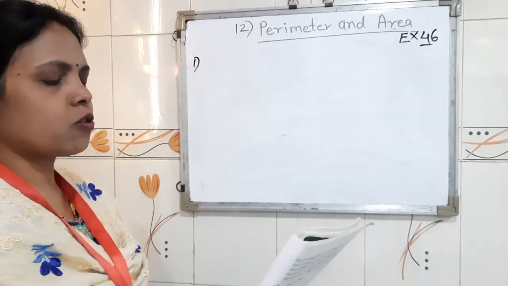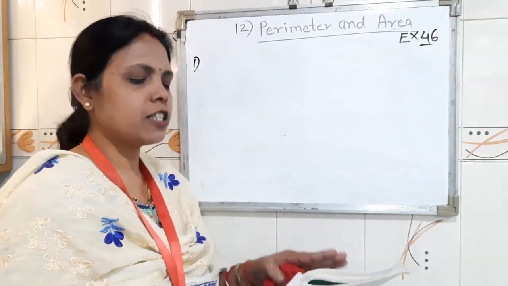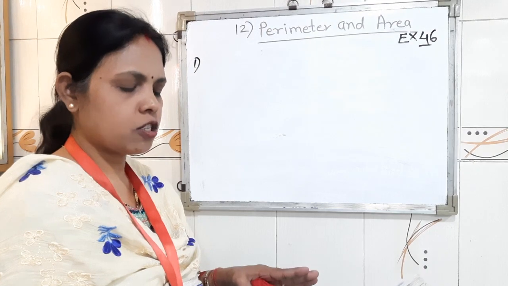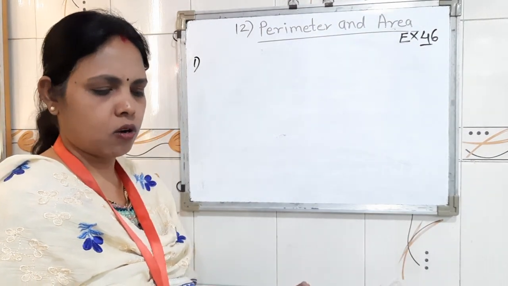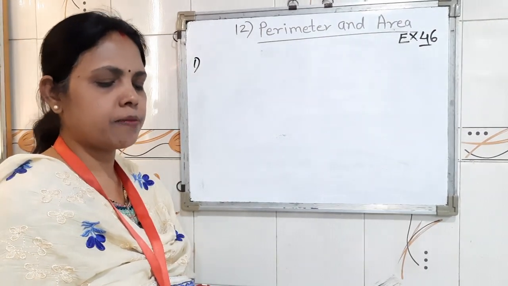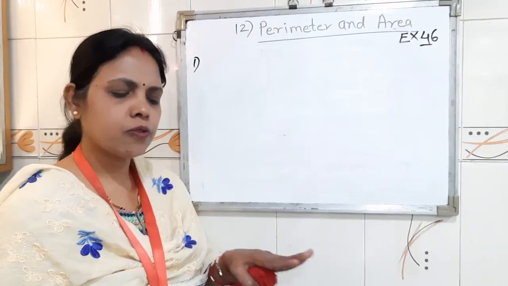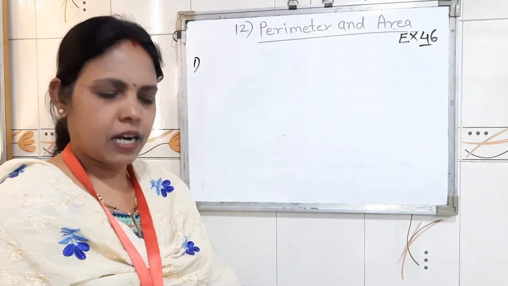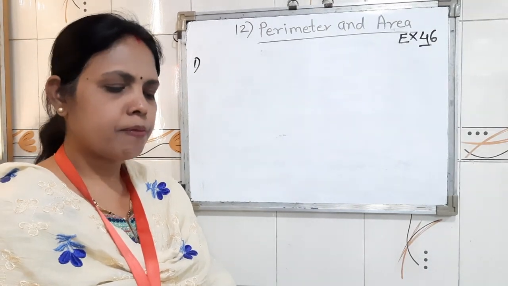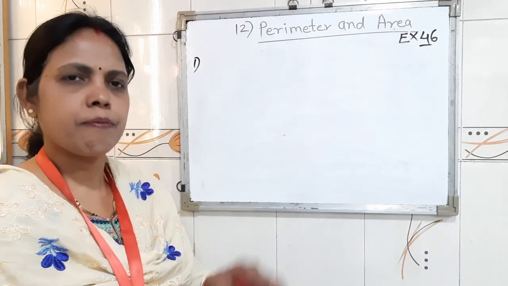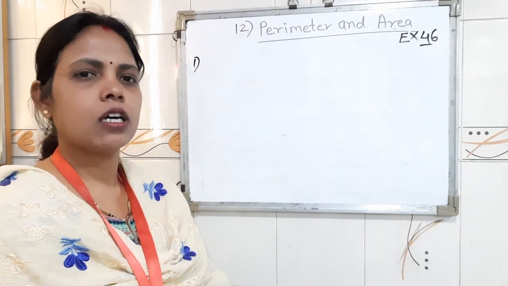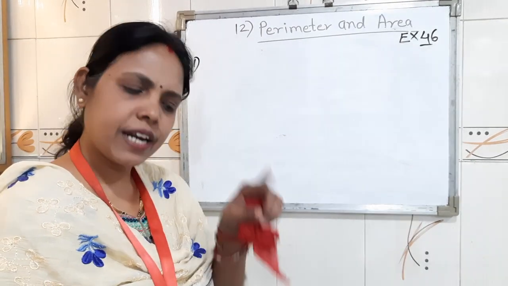In question number first, a page of a calendar is 45 cm long and 26 cm wide. What is its area? Children, as we know, the length is given as 45 and the breadth is given as 26. Means this is the figure of a rectangle.